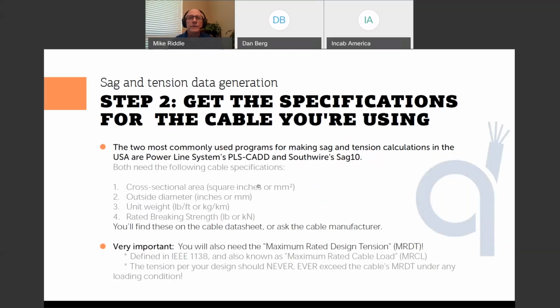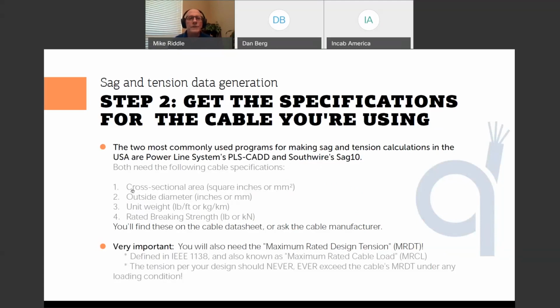Next, you need to get your cable specifications ready. I mentioned that we're going to be talking about the 2 most commonly used programs, which are PLS CAD and SAG-10. Both of them are actually very similar, and the base data that they need is exactly the same.